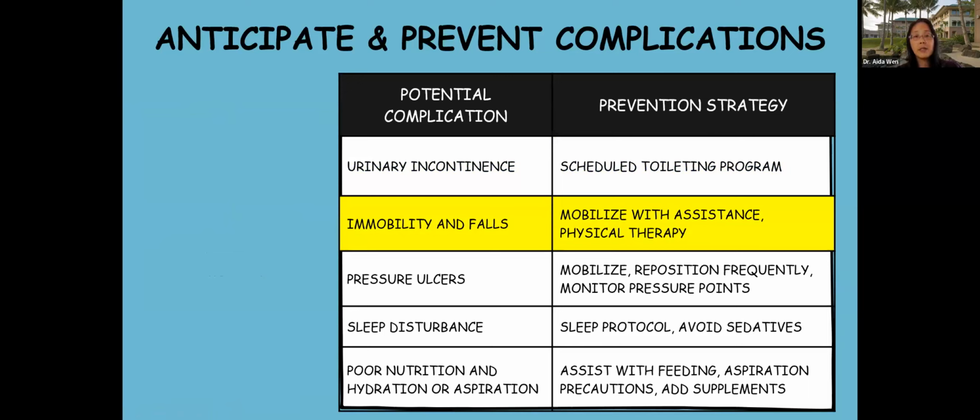So in order to prevent future falls, we need to just basically follow them everywhere, right? Mobilize with assistance and maybe even consider physical therapy, right? Because they're not safe walking around, and falls are very, very common because of their either weakness or poor safety awareness from the delirium.